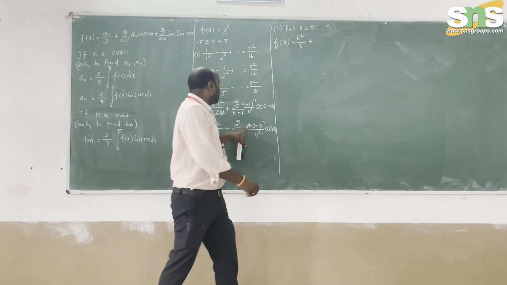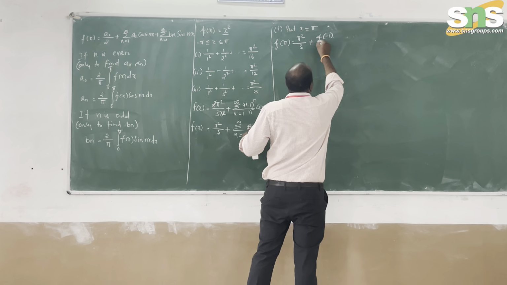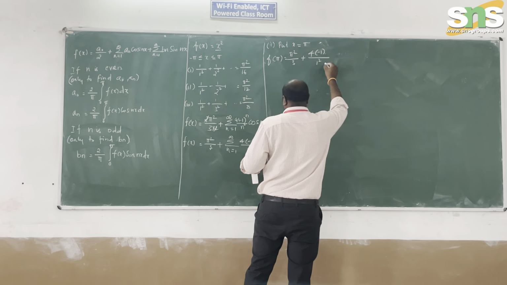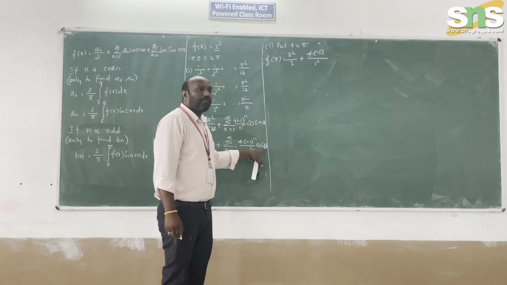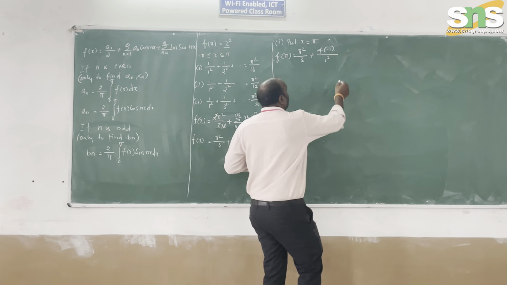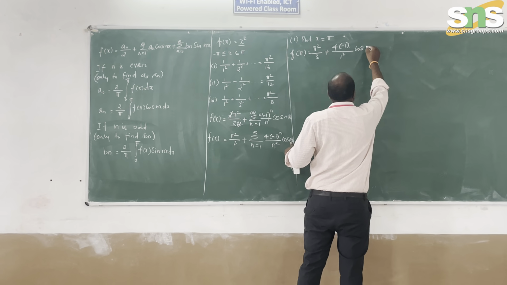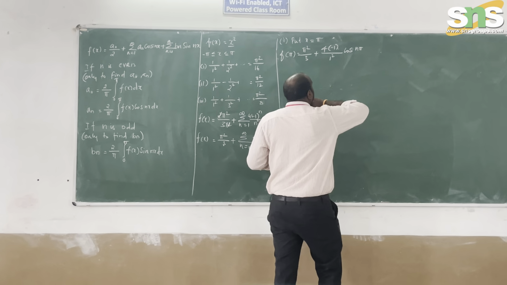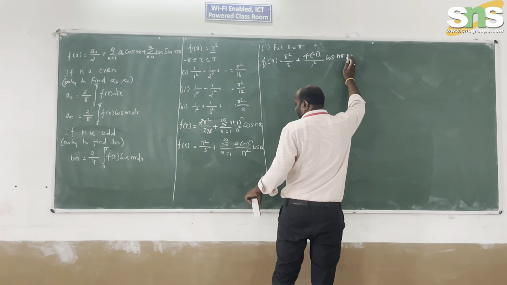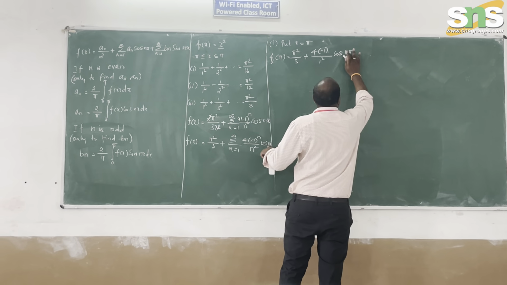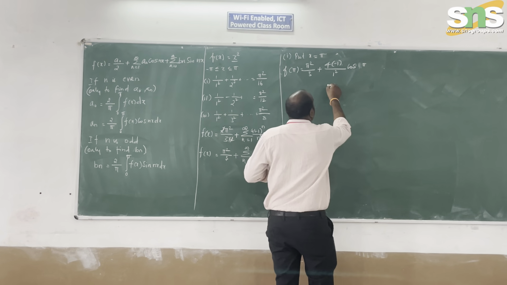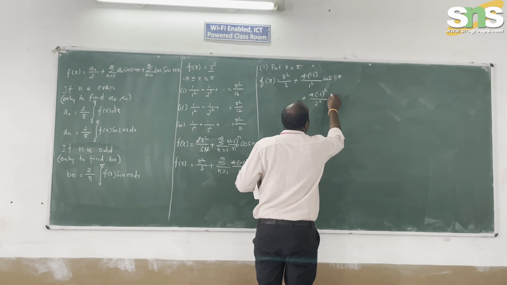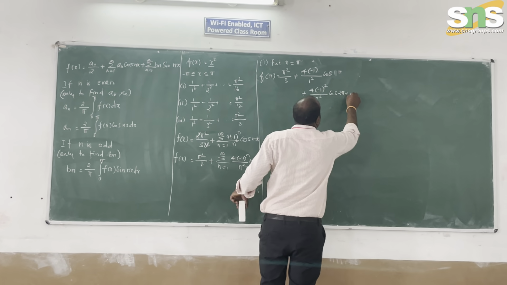So when n equals 1, 4 into (-1) divided by 1² into cos π. So we apply the value of cos π. First find n equals 1, then cos π, then plus 4 into (-1)² divided by 2² into cos 2π plus and so on.